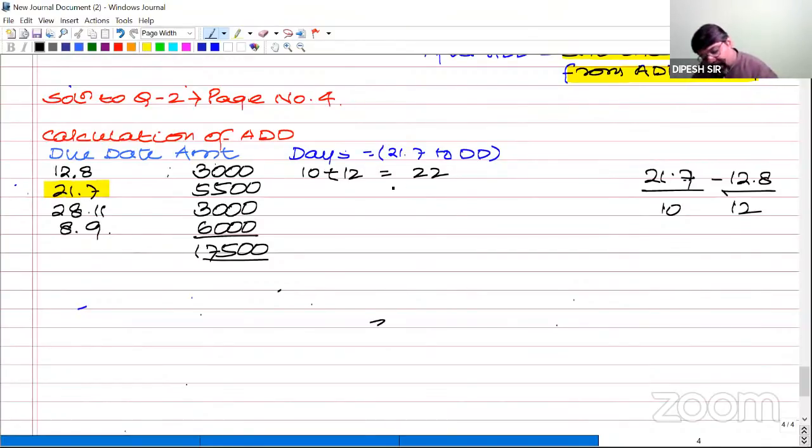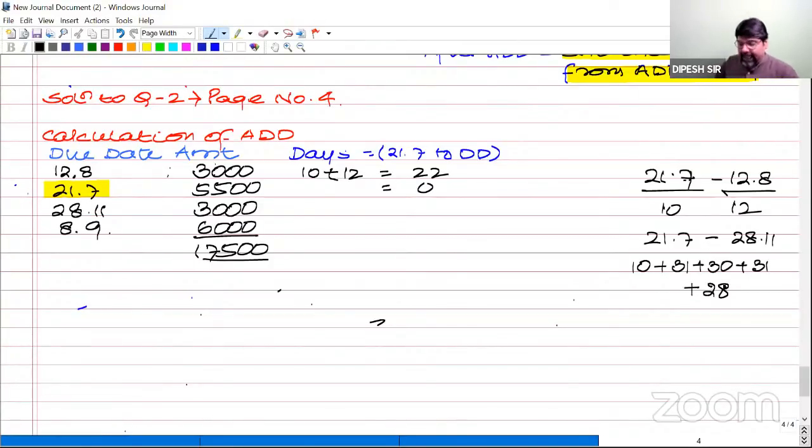Thereafter 21st of July to 21st of July is 0 days. Then 21st of July to 28th of November. July has 10 days, August 31, September 30, October 31, and 28 days of November.